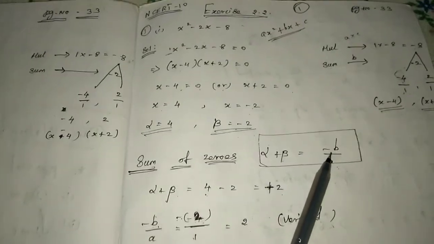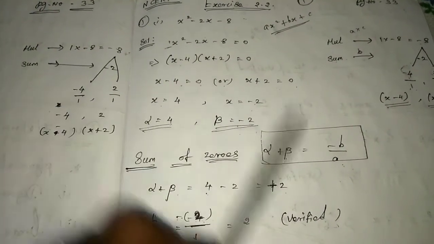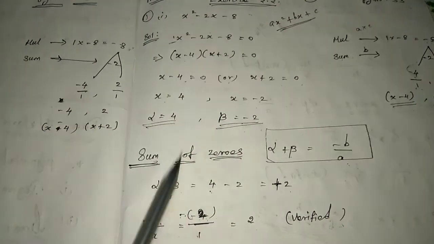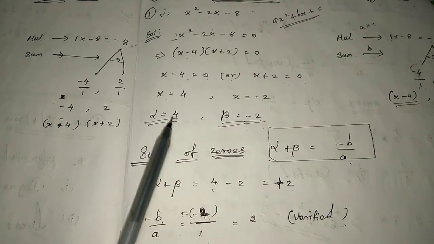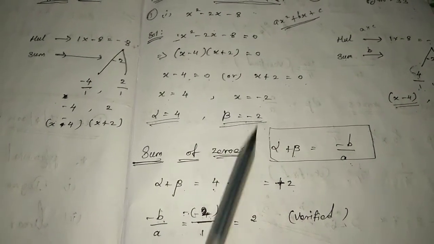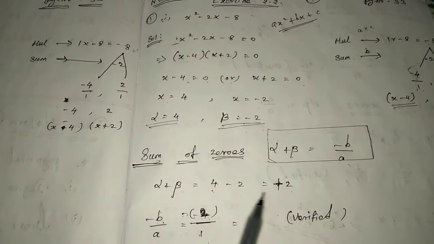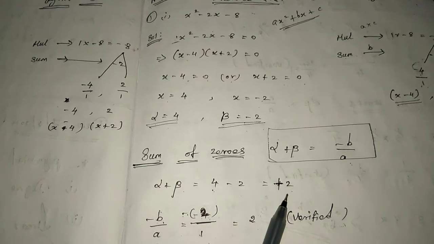In this quadratic polynomial, b value is minus 2, a value is 1, c value is minus 8, right? So alpha plus beta, the sum of the zeros, is 4 plus minus 2, that is 4 minus 2, which gives 2.